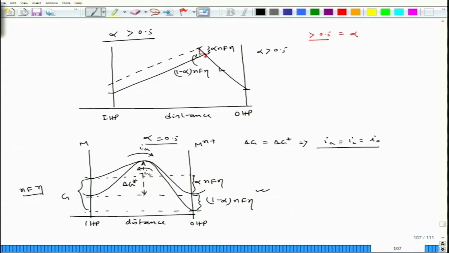This diagram would enable us to get the I applied as a function of overvoltage, and that time this concentration part is already included in this particular formula, which is I0 equal to nF ν exponential minus delta G star by RT.